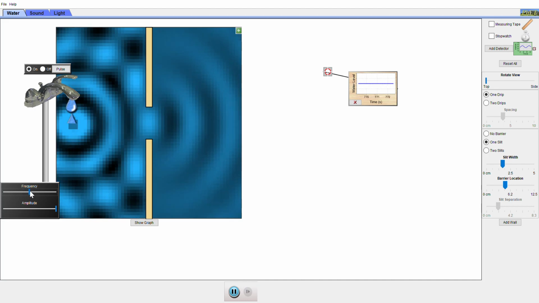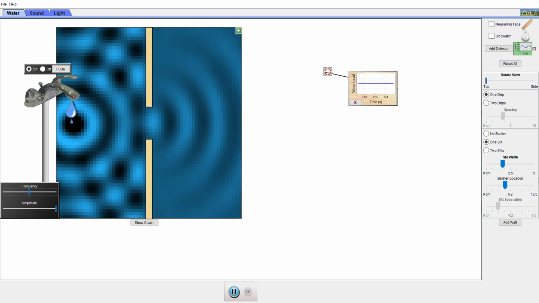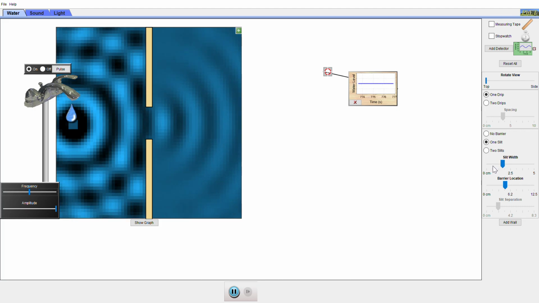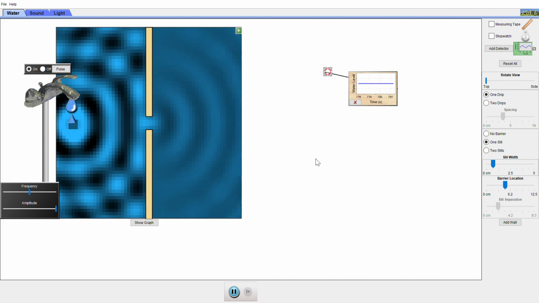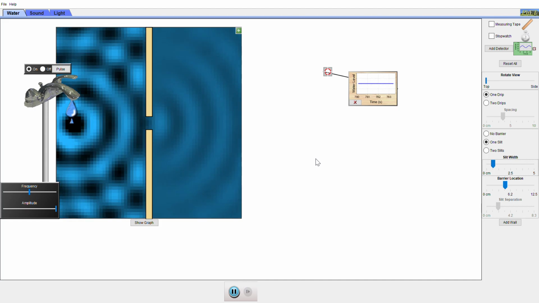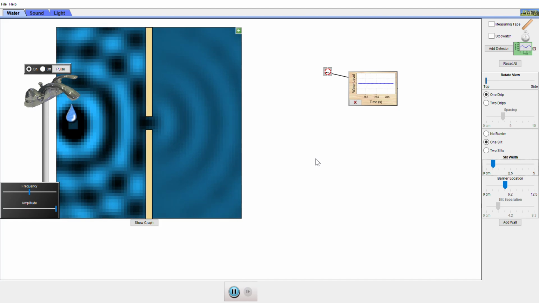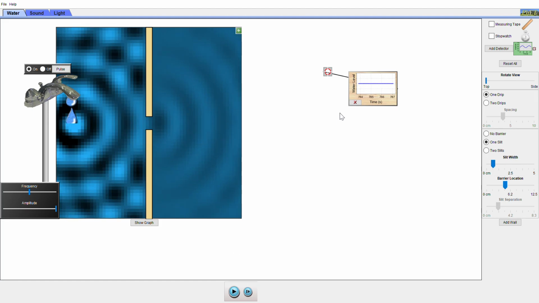Okay, now I'm going to set my frequency to medium and make the gap smaller, about 1/2 centimeter. Now pause it.